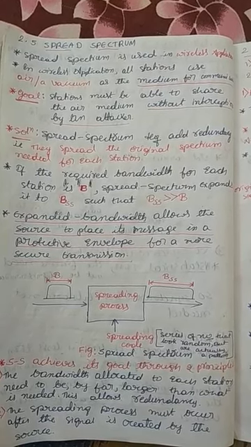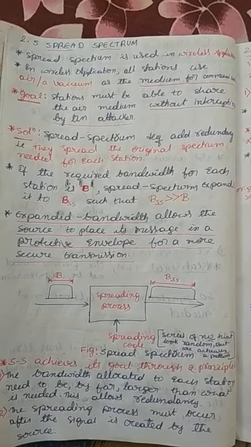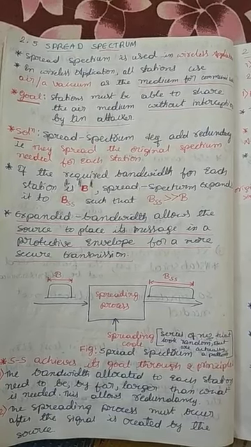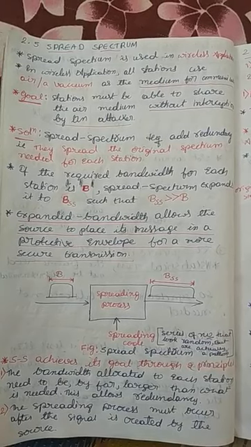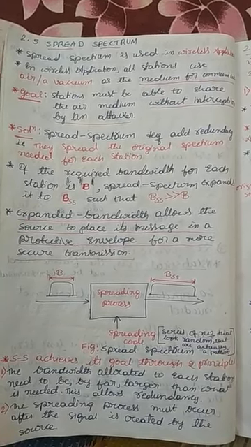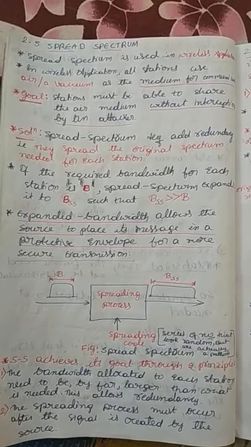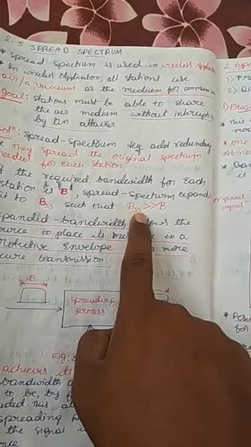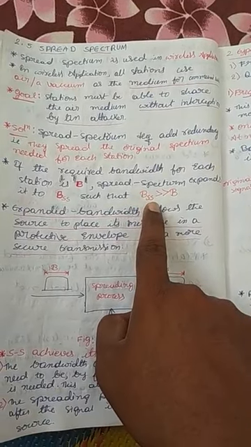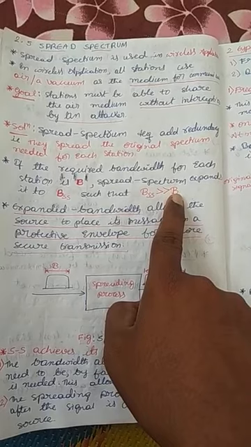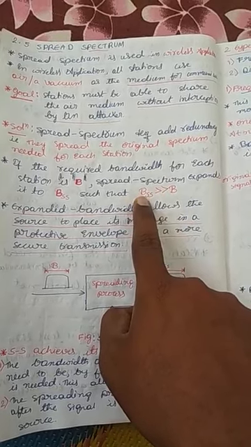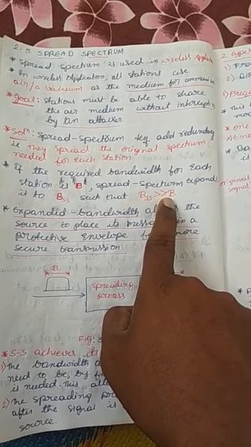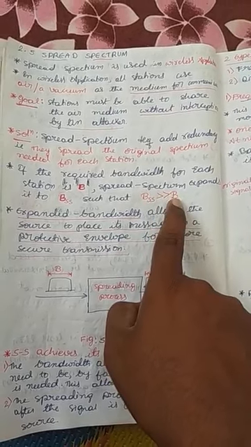If the required bandwidth for each station is B, spread spectrum expands it to a bandwidth B_SS, where the bandwidth of the spread spectrum is always greater than the bandwidth of the station.